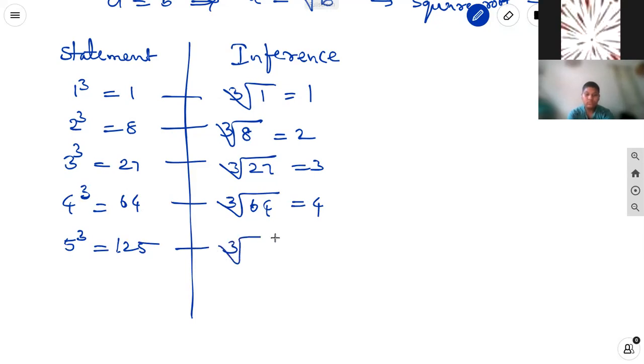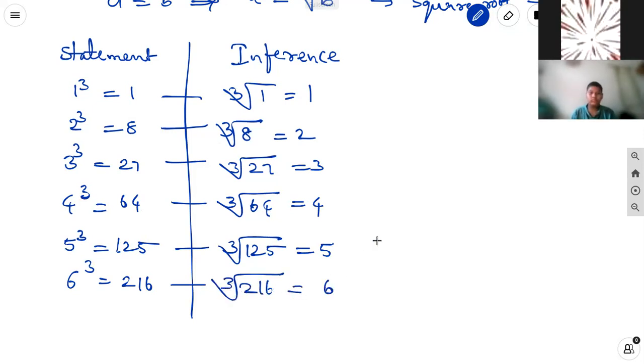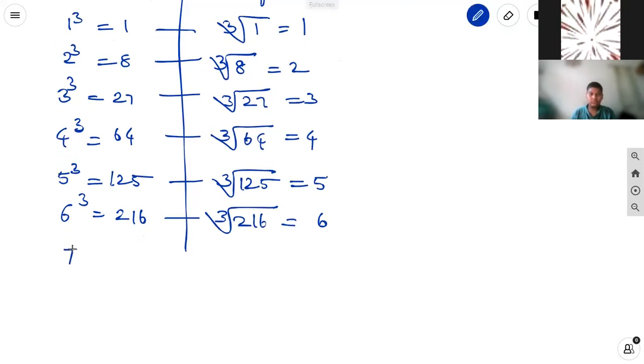So, cube root of 125 is equal to 5. 6 cube equal to 216. So, cube root of 216 is equal to 6. 7 cube equal to 343. From this, cube root of 343 equal to 7.